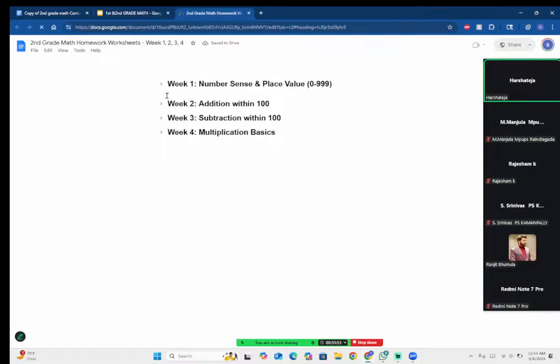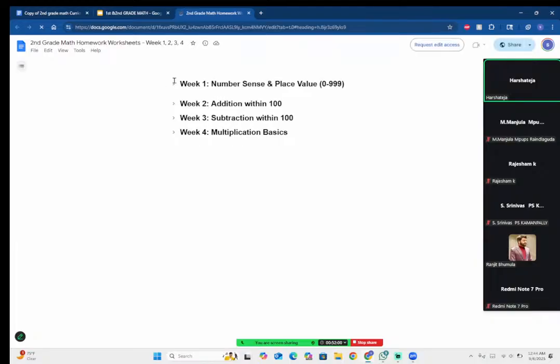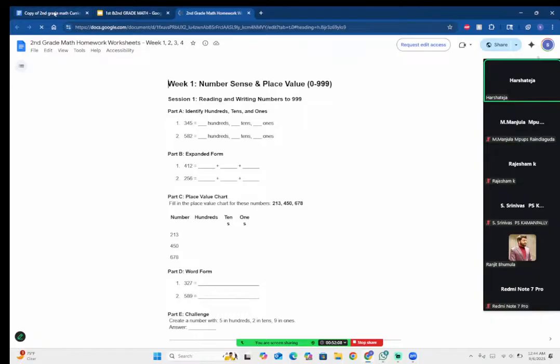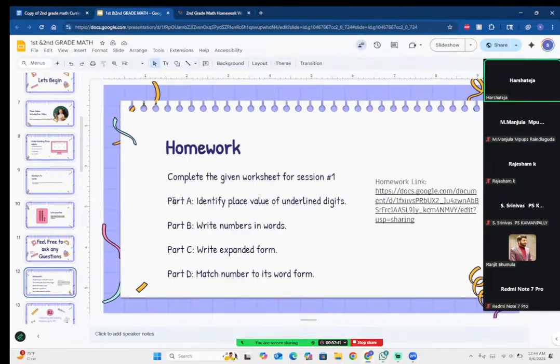So these are the first 4 weeks. For this first week, we'll be focusing on this section. So it will be part A, B, C, and D for session 1.